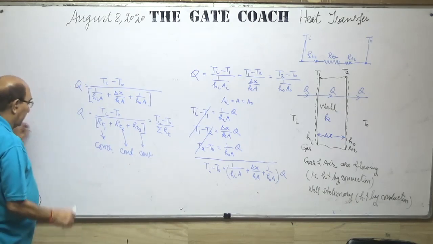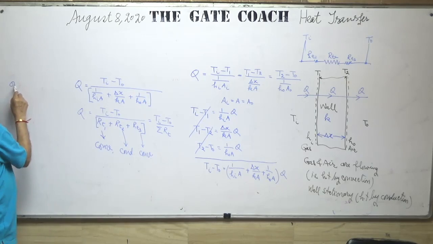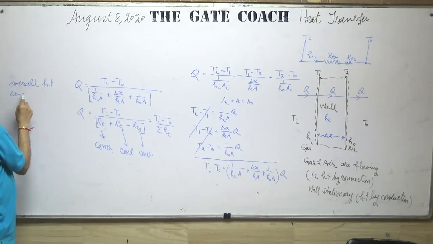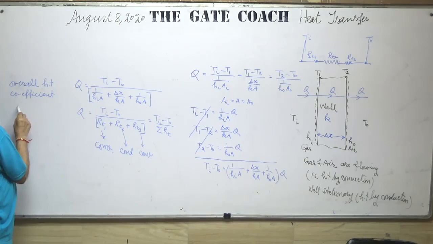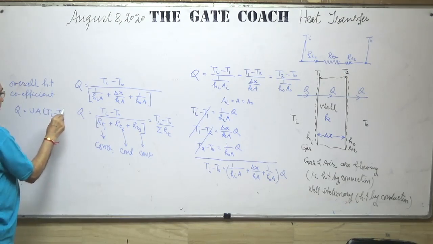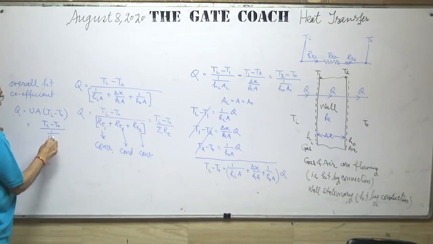And we use a term called overall heat transfer coefficient. That means put all the three terms together. We should have the equation Q is equal to U A into Ti minus To, which can be written as Ti minus To upon 1 upon Ua.